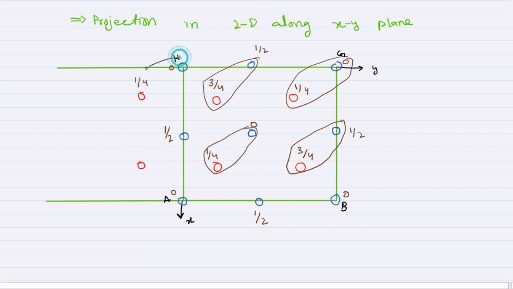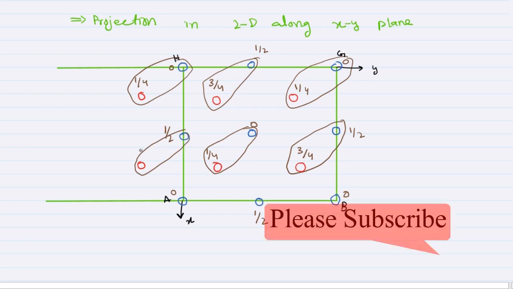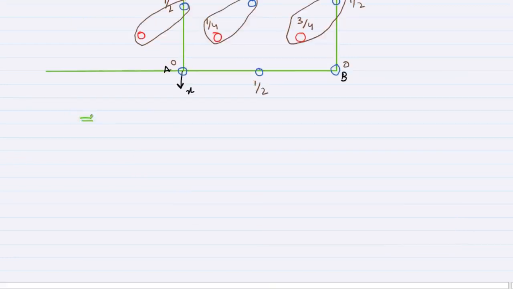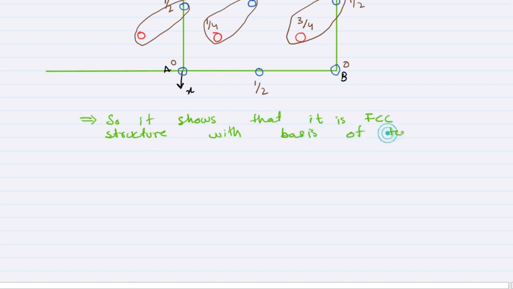So we can associate this to this one, and similarly this one to this. We can extend the whole structure in this manner, which indicates that we have a basis of 2 carbon atoms. So it is an FCC structure with a basis of 2 atoms.